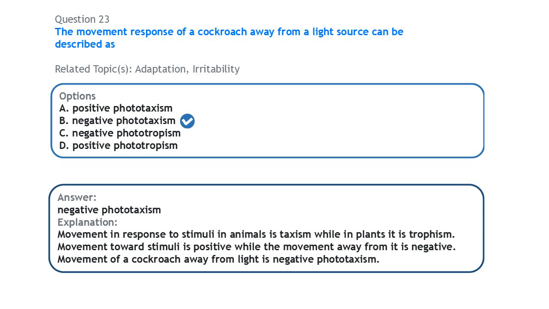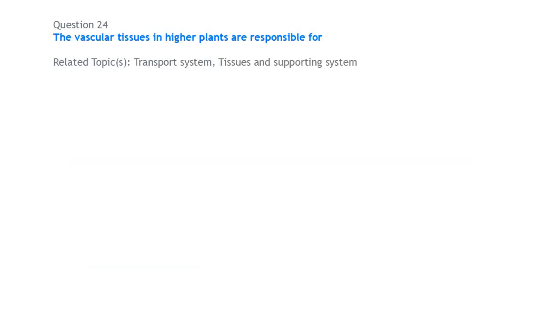The sunflower moves with the sun as the sun is moving, so it's moving towards the sun. That is positive phototrophism. I say it's trophism because it's a limited movement that you have in plants. So taxism is usually associated with animals. So this type of response of the cockroach away from the light source is negative phototaxism.